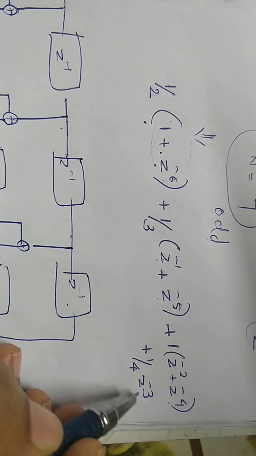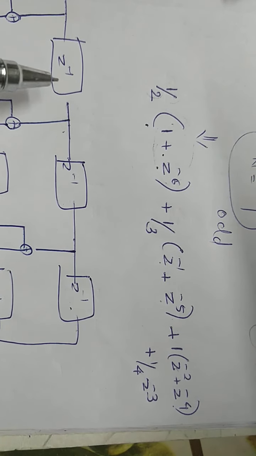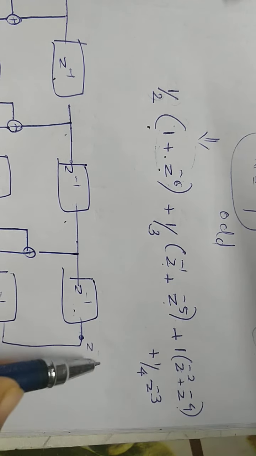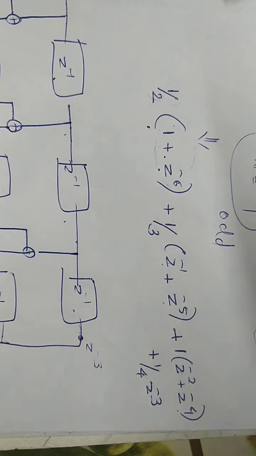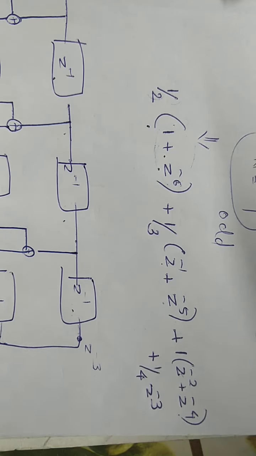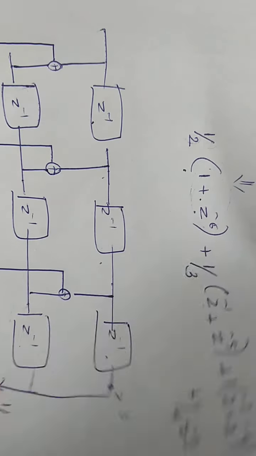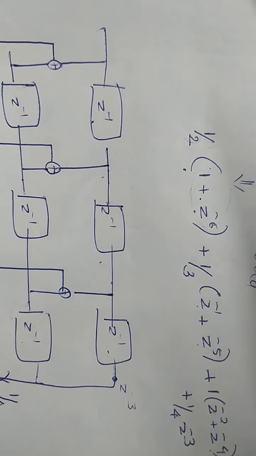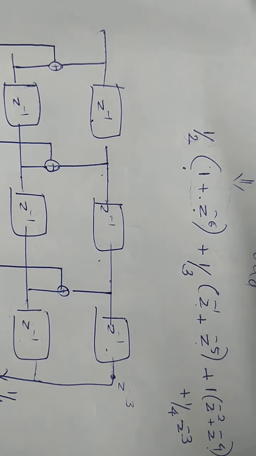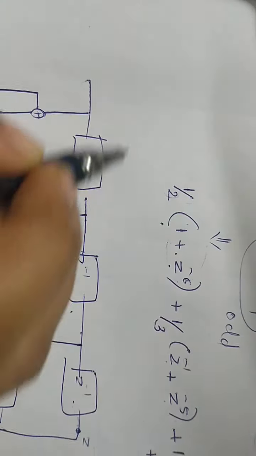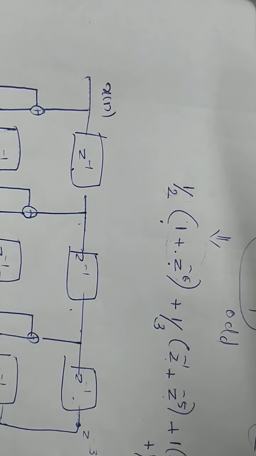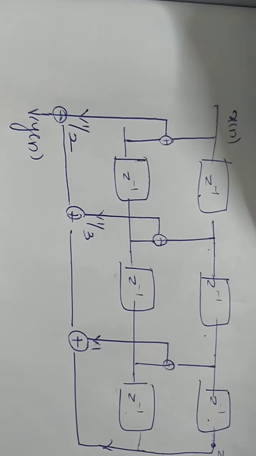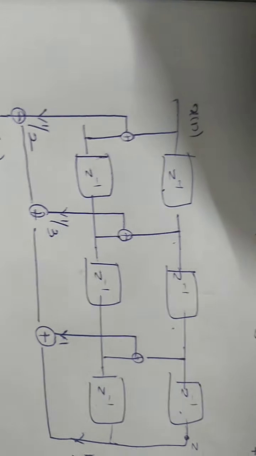And another term z raised to minus 3 into 1/4. Minus 3 means 1, 2, 3. Here z raised to minus 3 is multiplied with 1/4. All these terms are added to get y of n. Here input x of n is given. Okay, I hope you understood this.